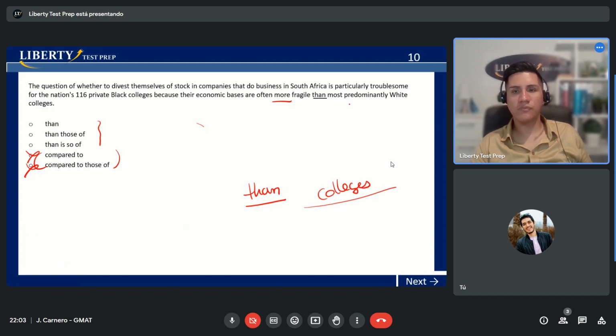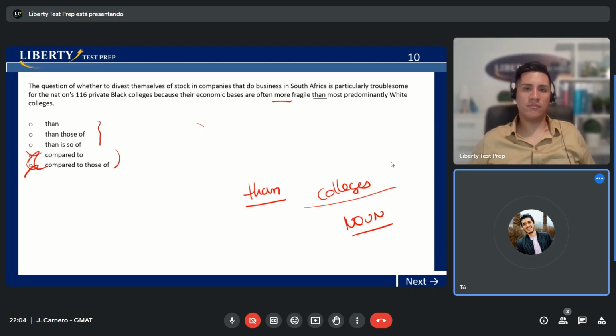Colleges. All these things just modify it. "Most" gives you an indication of the quantity of colleges. "White" gives you the type of college. "Predominantly" is modifying "white." So you have colleges.